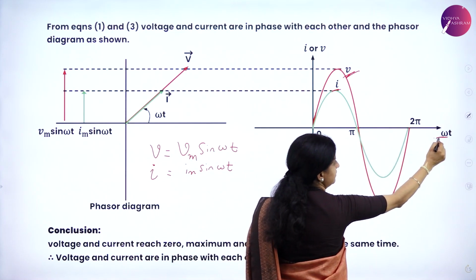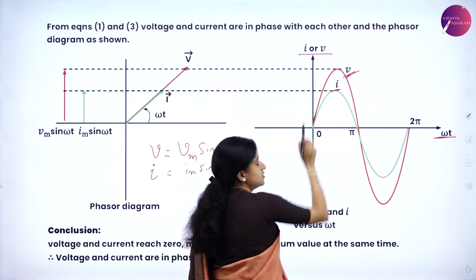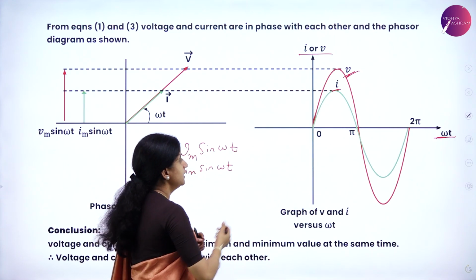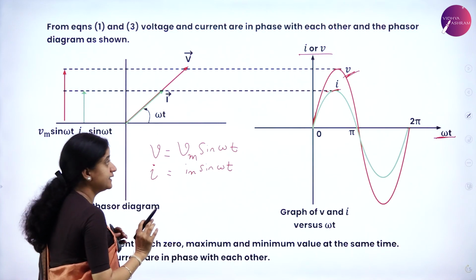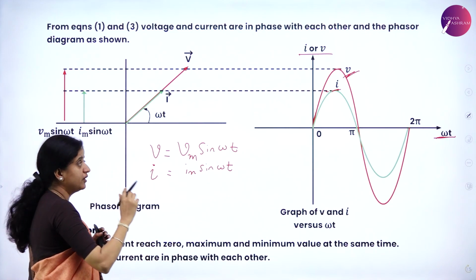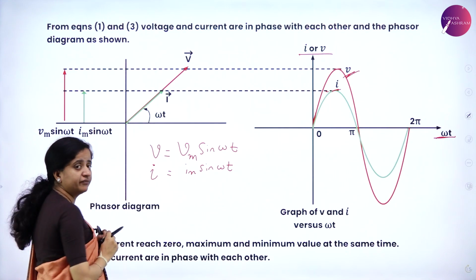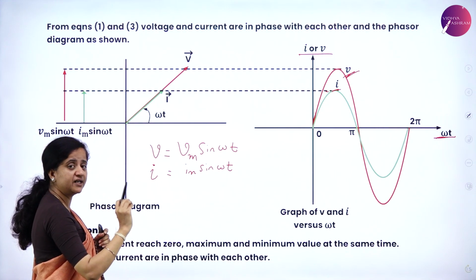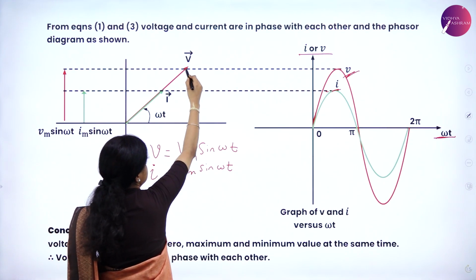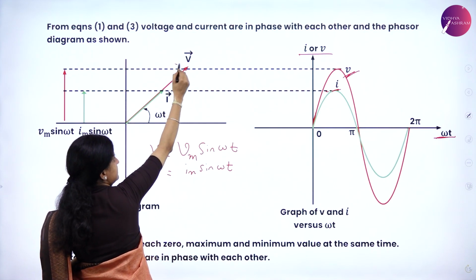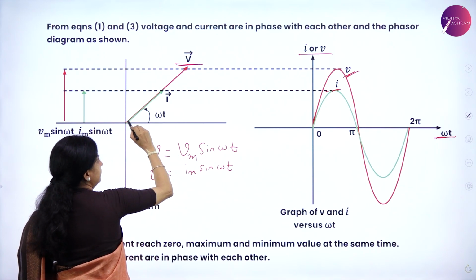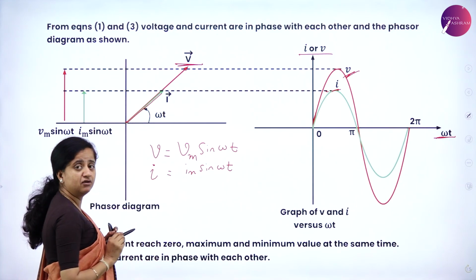Along the x-axis it is omega t, and along the y-axis it is voltage or current. Projecting this, we can write the phasor diagram. As we have learnt already, the vector gives the peak value of voltage and current. The red vector gives the peak value of voltage and the green vector gives the peak value of current.